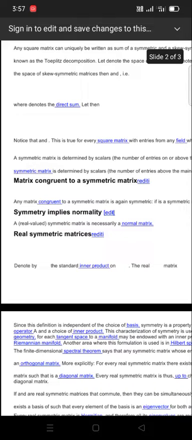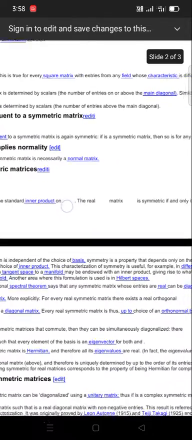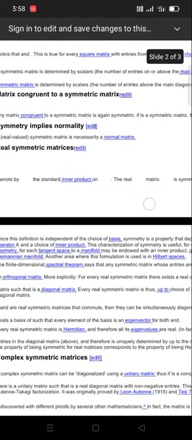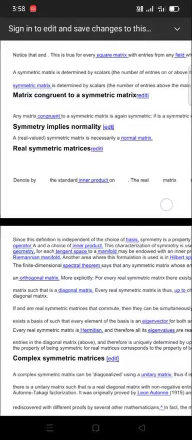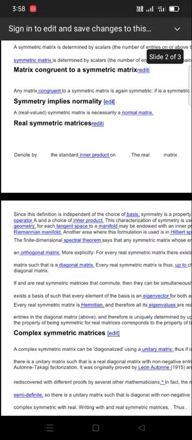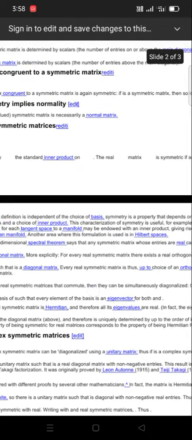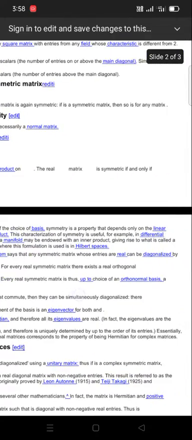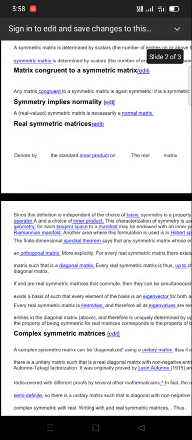Symmetry implies normality: a real-valued symmetric matrix is necessarily a normal matrix. Real symmetric matrices: here we consider an inner product denoted by this. Since this definition is independent of the choice of a basis, symmetry is a property that depends only on the linear operator A and a choice of inner product.